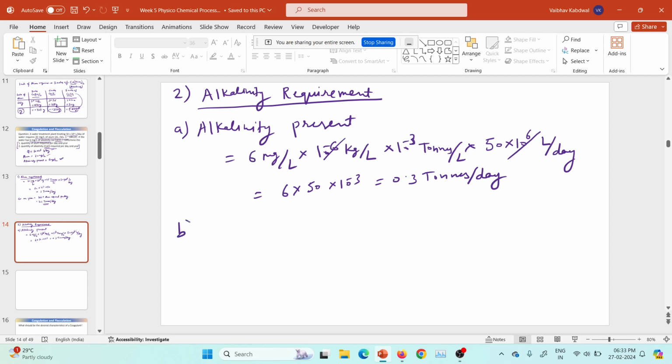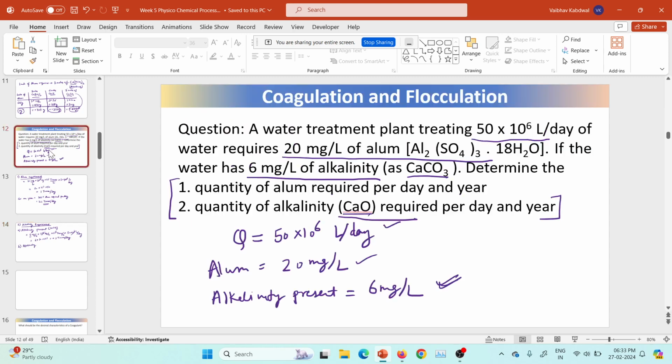And alkalinity required, let's calculate. I will write here in terms of CaCO3 because this is given in terms of CaCO3. The given alkalinity is 6 milligram per liter.